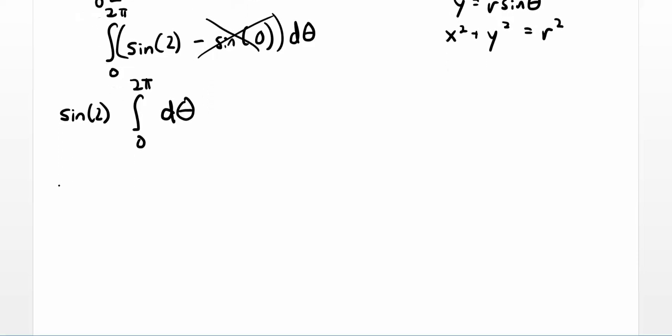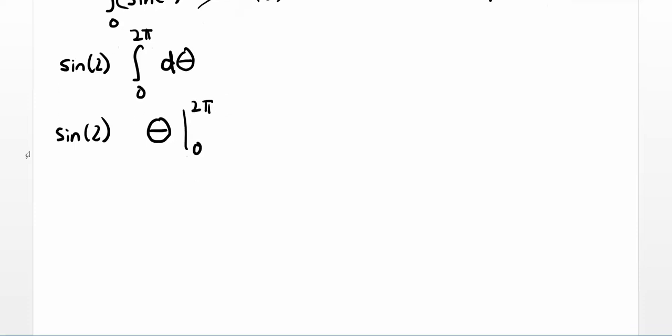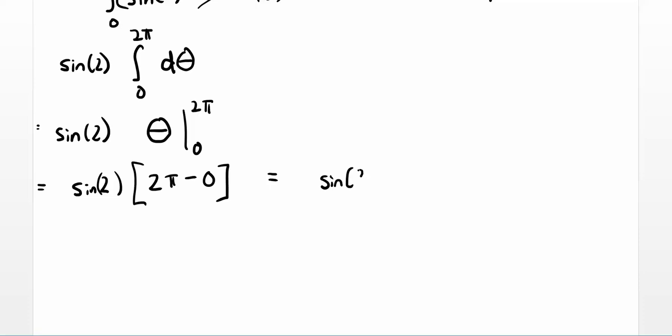So what does this become? Sine of 2 times just theta, evaluated from 0 to 2 pi, which is equal to sine of 2 times 2 pi minus 0. Our final answer is just sine of 2 times 2 pi.